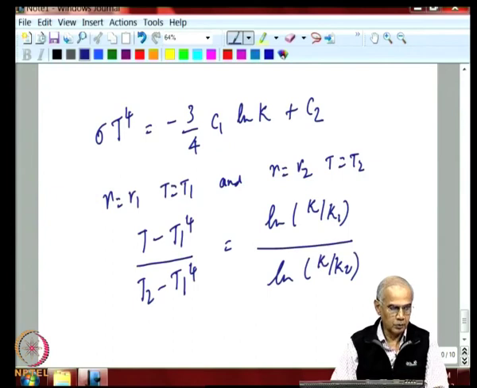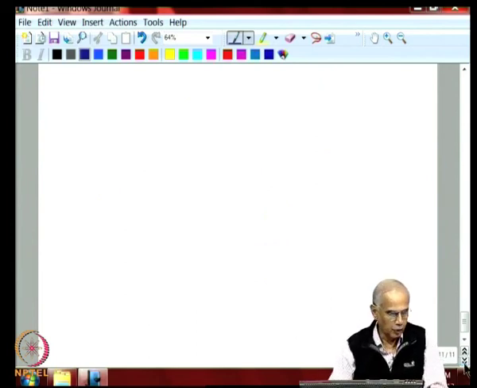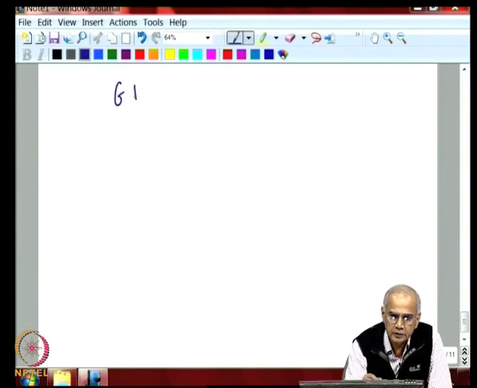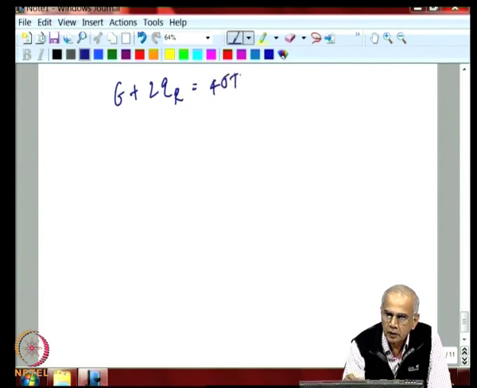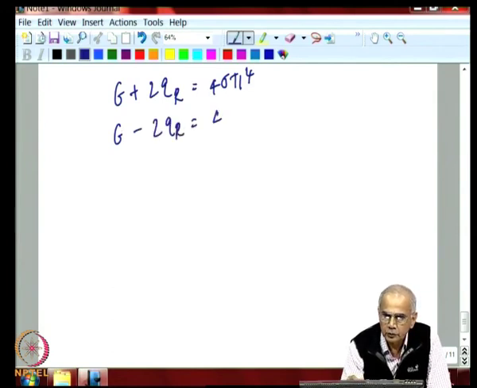But if you want to get the heat flux in this case, you need to now appeal to the flux boundary condition that we had discussed in earlier lectures. If you now recall, the mean intensity G plus 2QR was equal to this at the bottom, and the mean intensity minus 2QR was equal to the top condition.